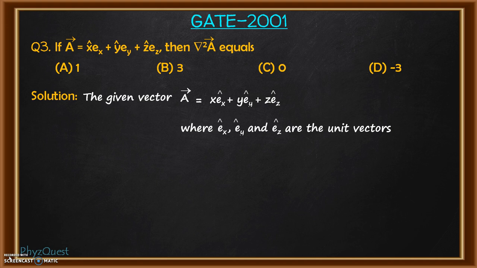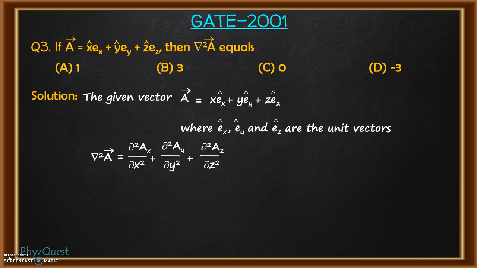Here we need to find the value of del square A. Del square is the Laplacian operator. By definition, its formula is del square Ax by del x square plus del square Ay by del y square plus del square Az by del z square.